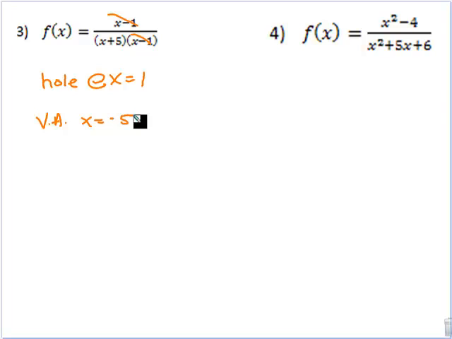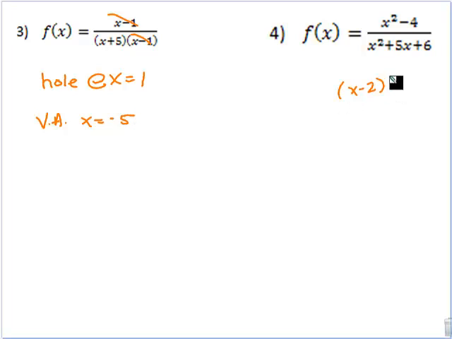All right, let's do one more of these, and then we'll graph. f of x is equal to x squared minus 4 over x squared plus 5x plus 6. So we're going to have to factor. x squared minus 4, how does that factor?